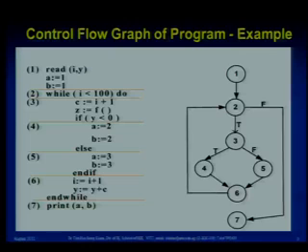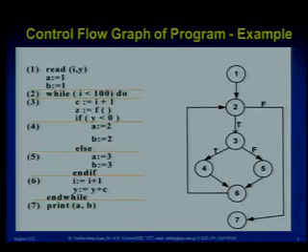In this control flow graph, how many decision nodes are there? Just now I said a node with more than one outgoing edge is a decision node. So in this graph, there are two decision nodes, 2 and 3.